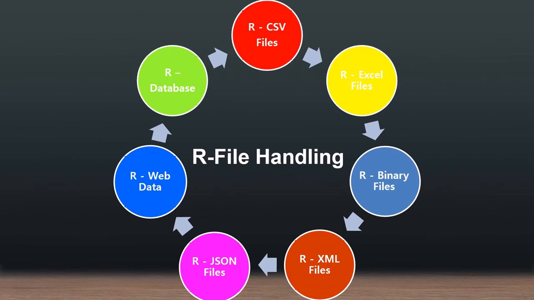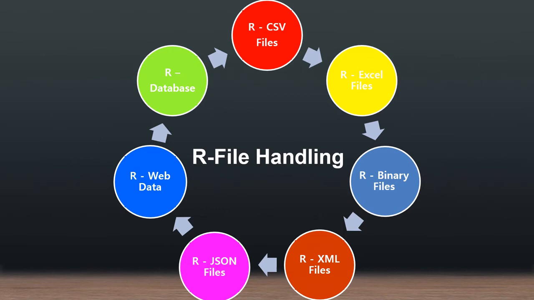Because we are handling R files here, there are different kinds of files that can be handled easily in the R programming language. Today a very common file is the CSV file, so we will discuss CSV file handling, then the Excel file.